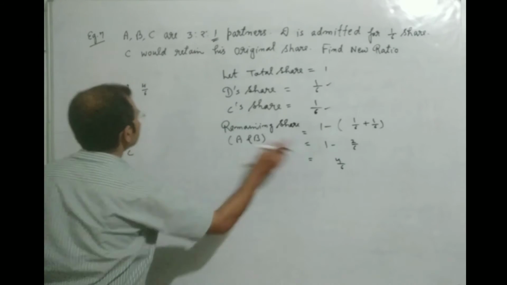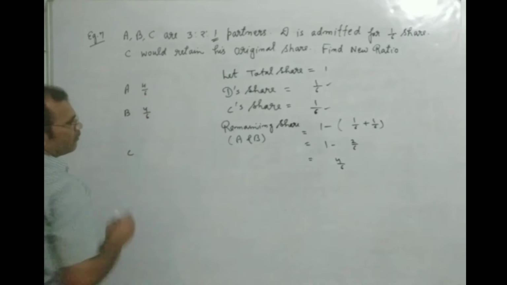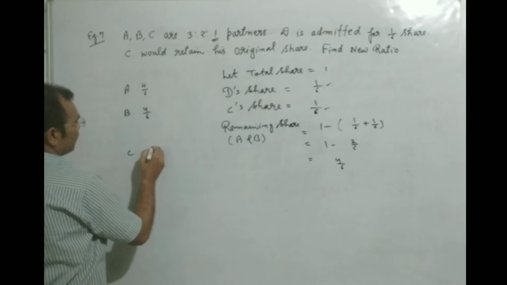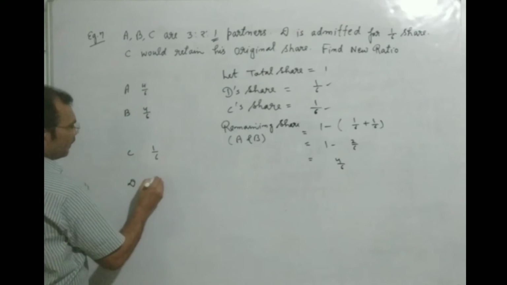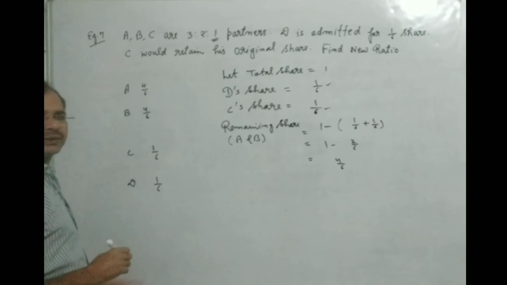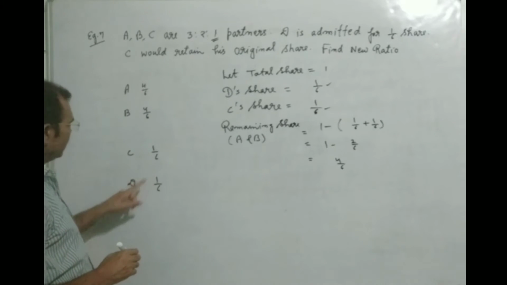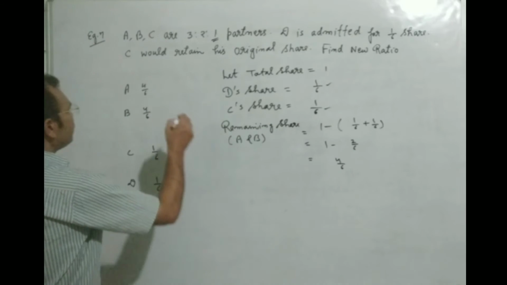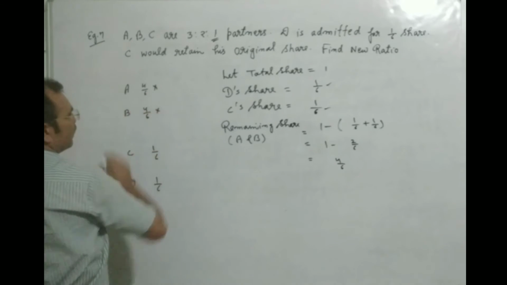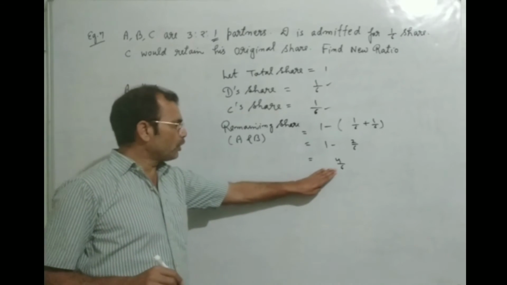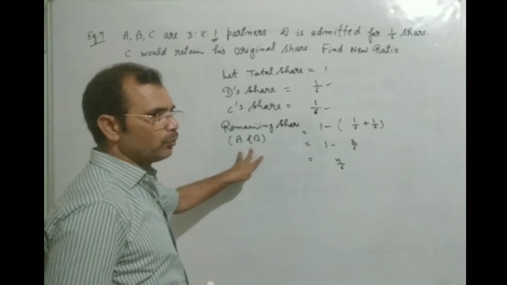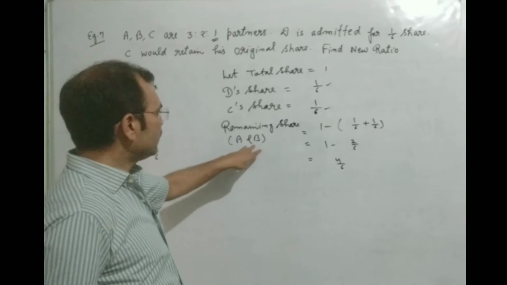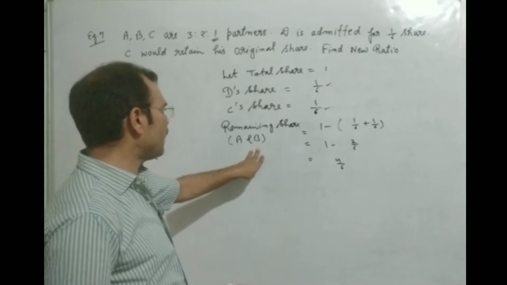First of all, we will write this 4/6 in front of A and B. As you know, C's part is unaffected, we will write 1/6 in front of C, and D's part is given in the question, 1/6, so 1/6 in front of D. 4/6 will be the share of A and B both, but they are not equal partners, so A's part and B's part we will have to find.